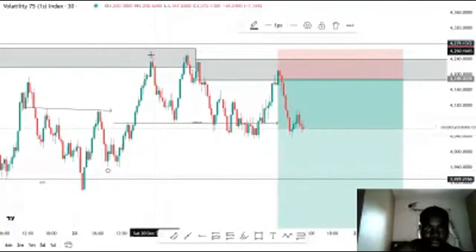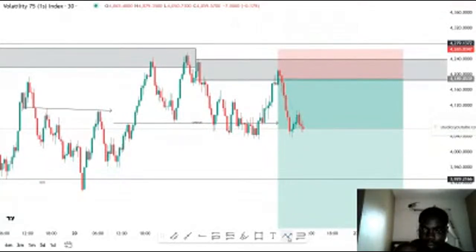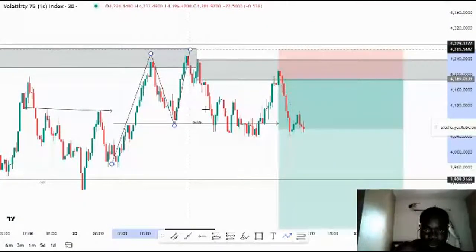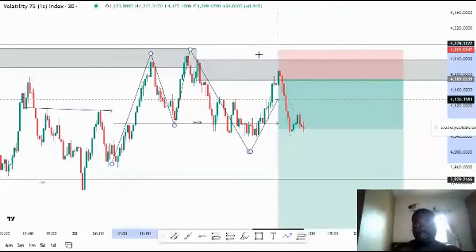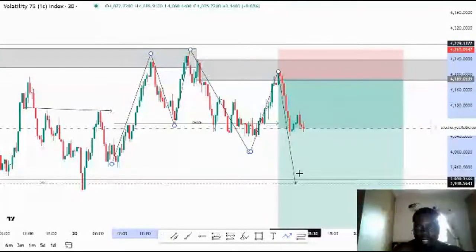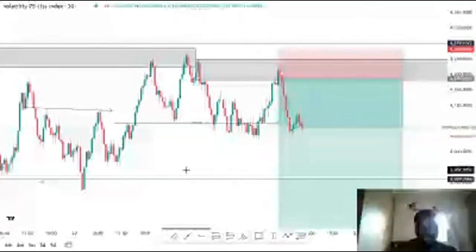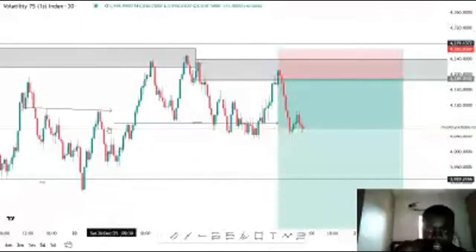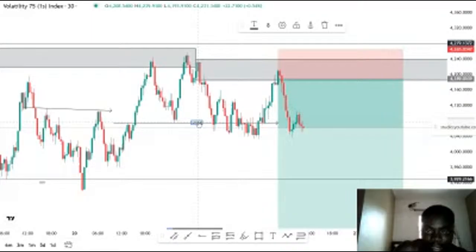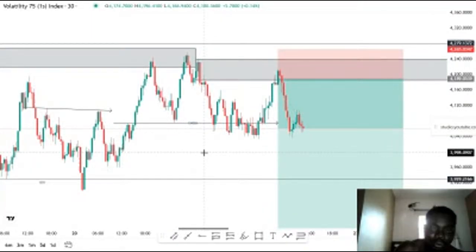From here, we push all the way down below that low. So we should expect a pullback and then the continuation of that bearish trend. This is where we had that change of character.